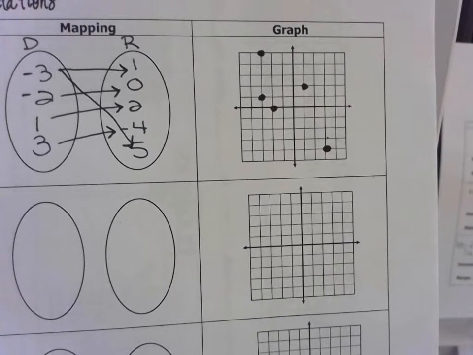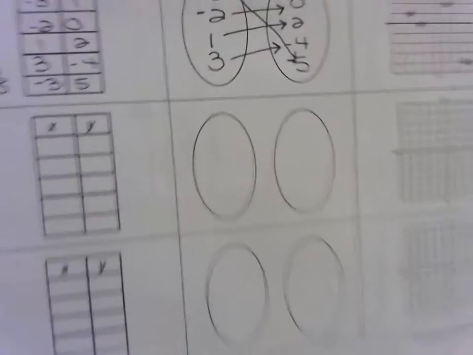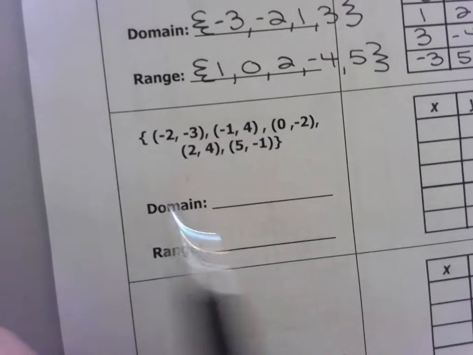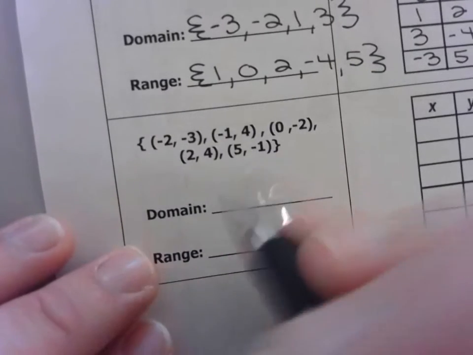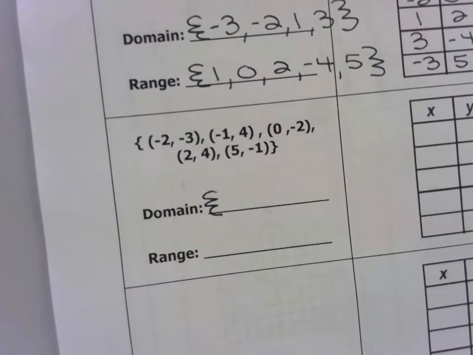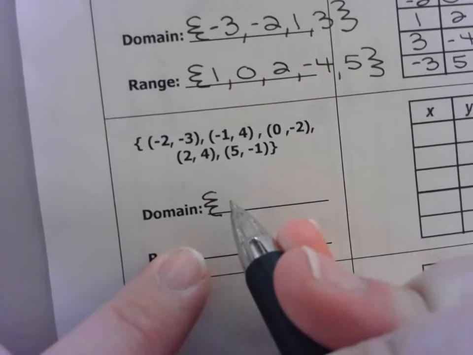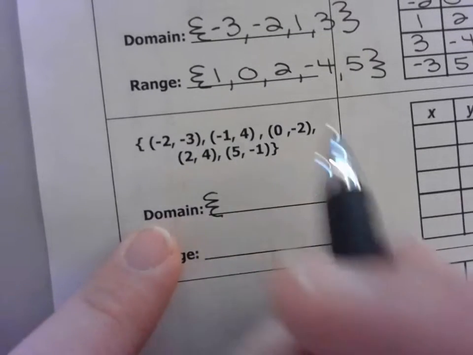Okay, let's look at one more example of these. Let's look at the next one right underneath it. Okay, domain and range. So if I have it represented as a set of ordered pairs, let's list the domain. What is my domain for this set? Domain is my x values.